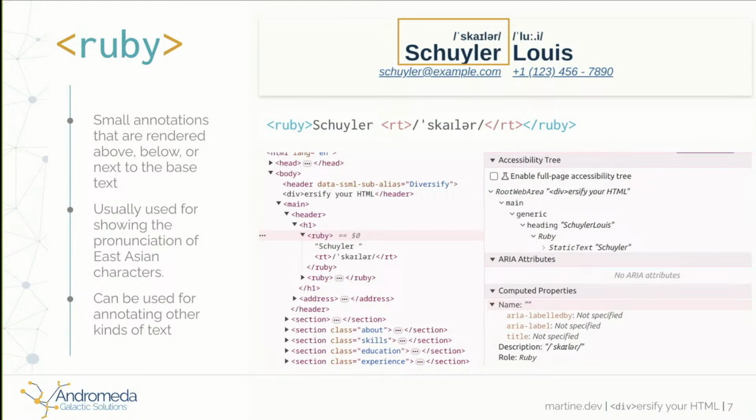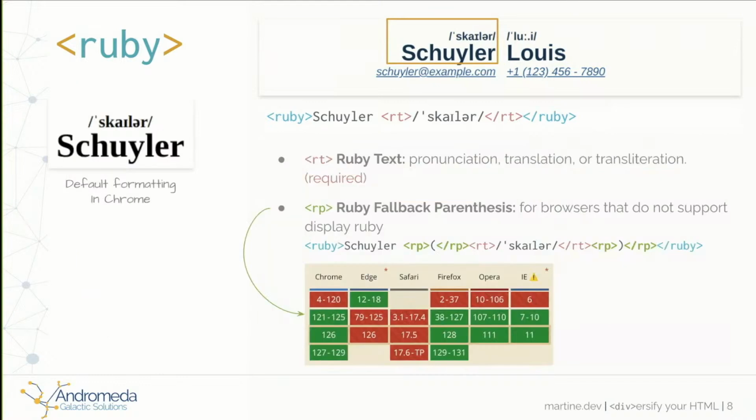For example, how I have it up there on the left side, you'll see this is the default formatting in Chrome. It just sticks it above the word. The thing is, not all of the browsers support the styling quite yet, so you can add a second element. You've got the RT, which is the pronunciation, translation or transliteration. That's required, and that's the part that gets put above.